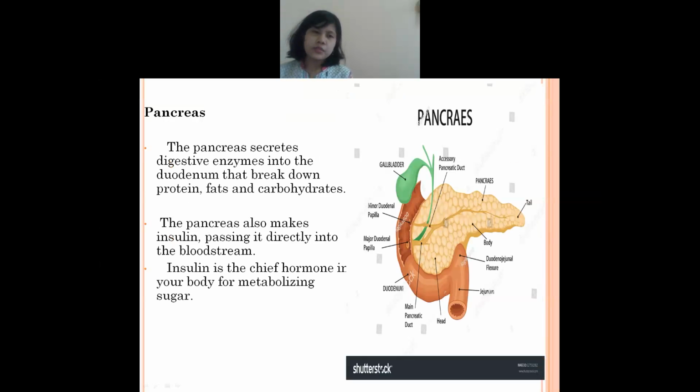And what is the second one? The second one is that this pancreas will make insulin, means they will secrete insulin. And this insulin is for metabolizing sugar level. They help in maintaining your sugar level in your body. Okay, so in a diabetes patient, they give insulin or not?